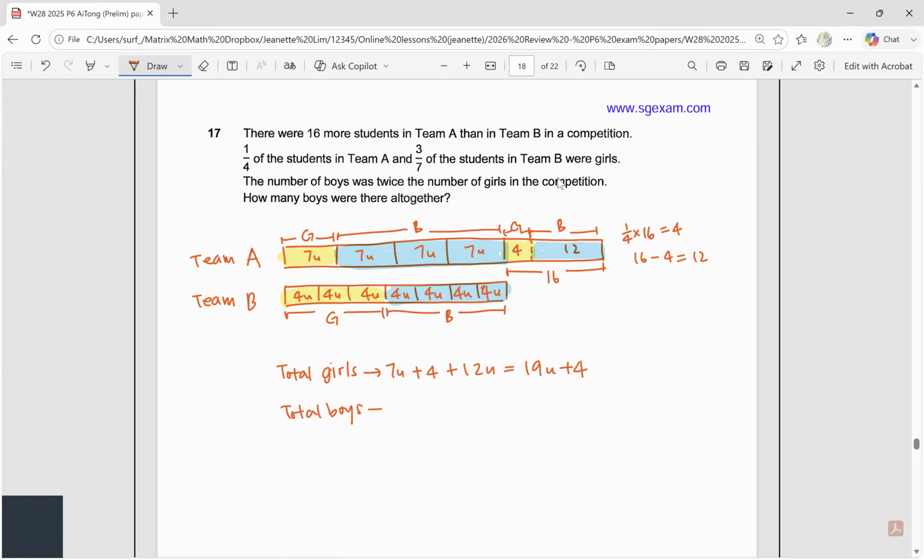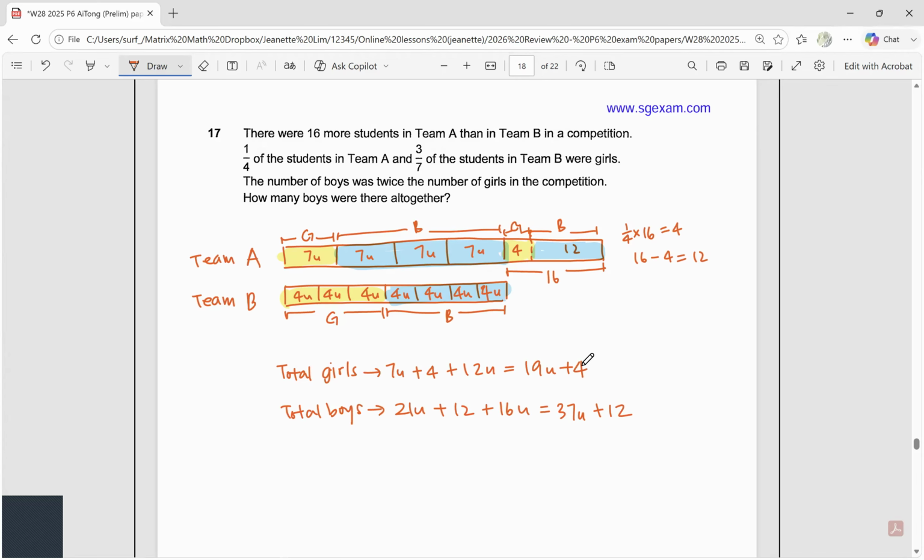Then the total number of boys would be all those in blue, 21U plus 12 plus 16U from team B, 37U plus 12.